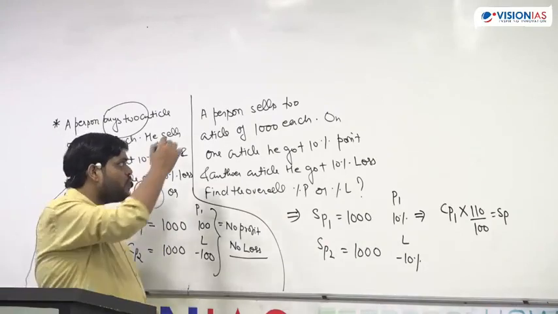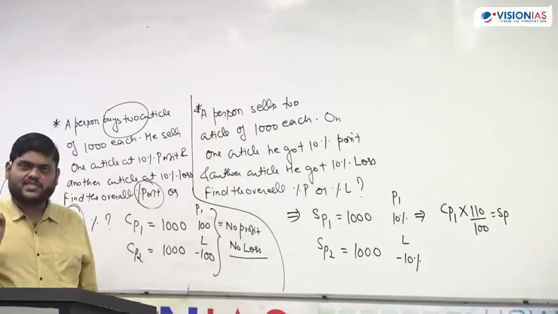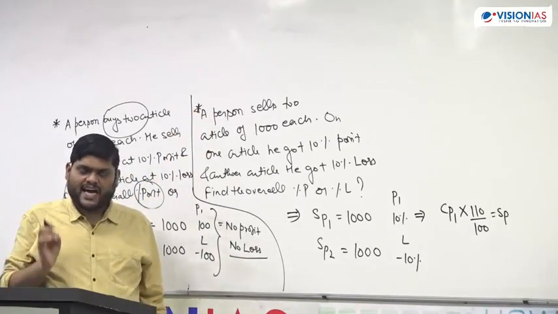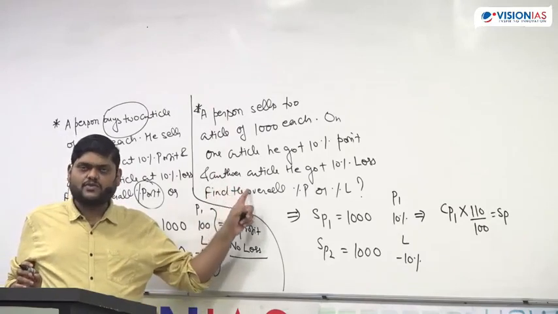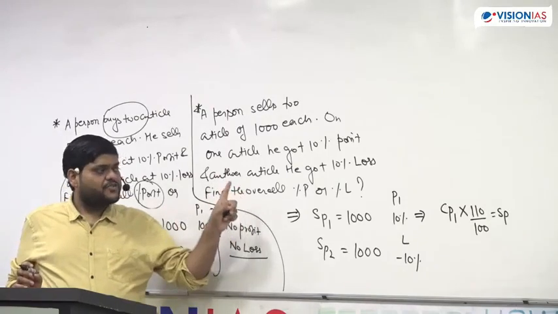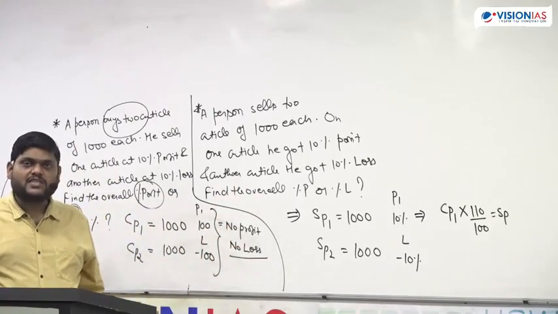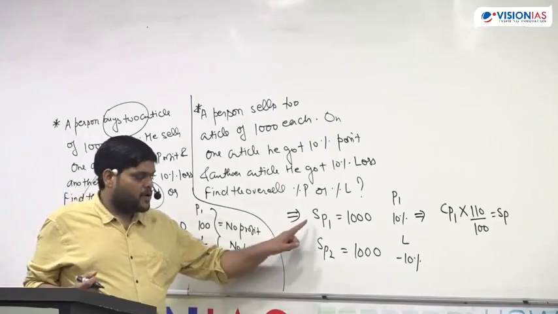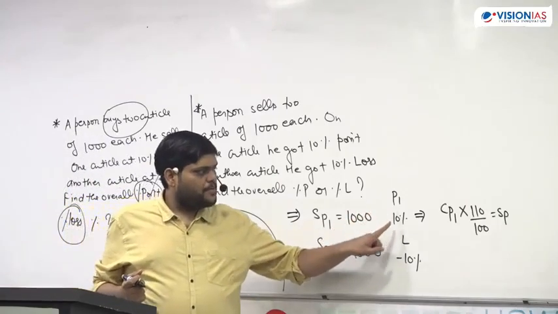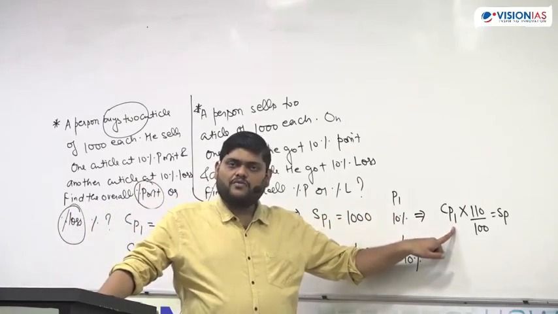So this is the one case where I suggest a formula to the students, and I say always remember the formula in this case. Why? Because the formula is much easier than the actual concept, because the actual concept will take more time. Why more time? Because we have SP1, we have profit, and now CP1 we can find out.